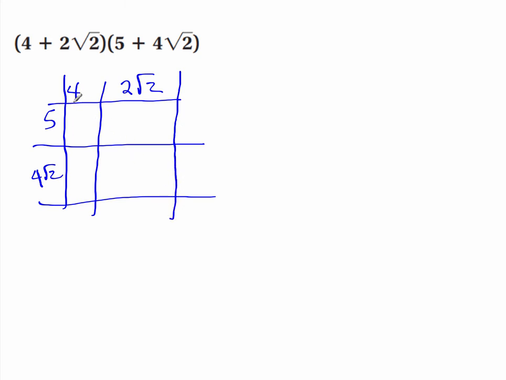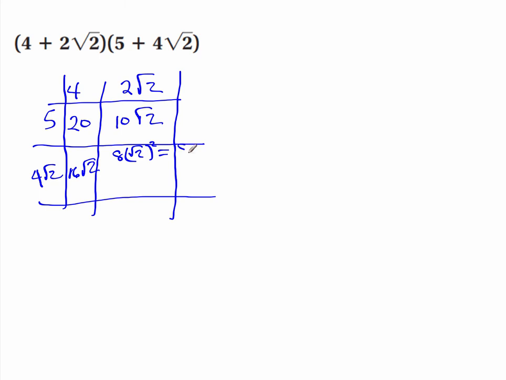Now, the area of this square is 4 times 5, so that's 20. The area of this square is 5 times 2 root 2, so this is 10 square root of 2. 4 times 4 square root of 2 is 16 square root of 2. And this one is 4 times 2, which is 8 times the square root of 2 squared.